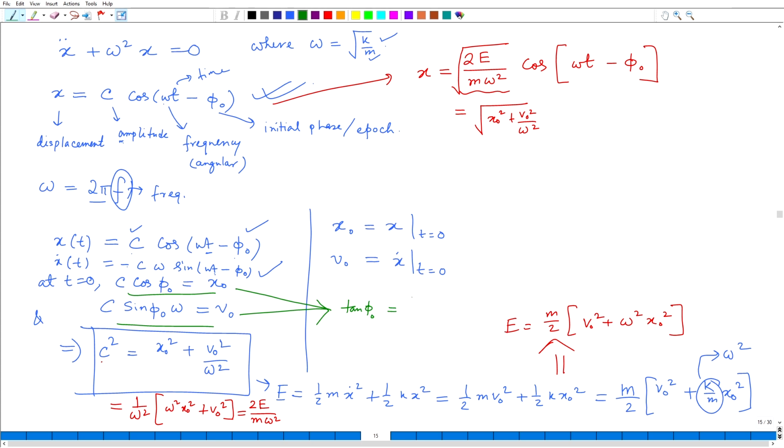It will simply be v 0 by omega x 0. Okay. So, you can simply write phi 0 is equal to tan inverse, or arc tangent, of v 0 over x 0 omega.